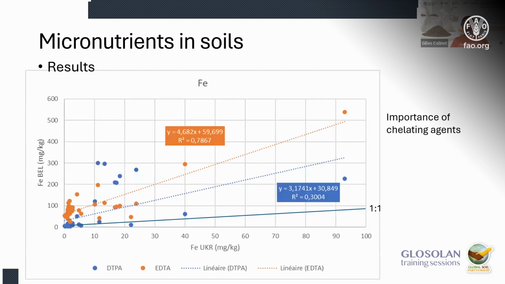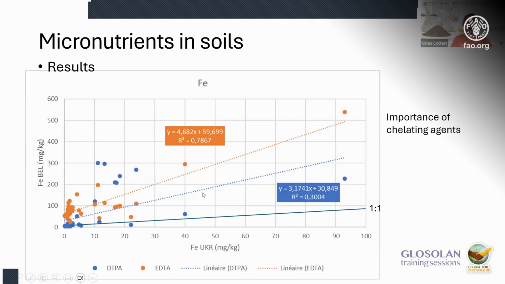If we look at the iron, it's the same, we have not so good a correlation. You see that there are some very extreme points here which are influencing the apparently good R square, but if you look at the other points here, they are a bit far from the lines.